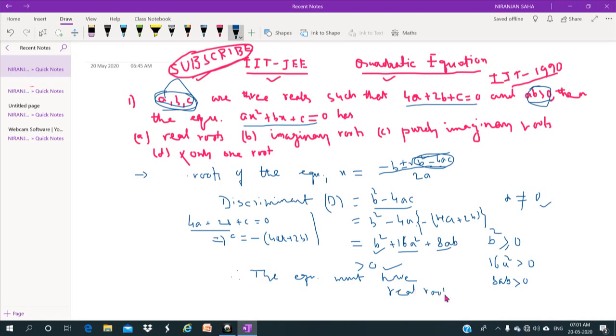So option A is correct. It has two roots, and all are real. So A is right.